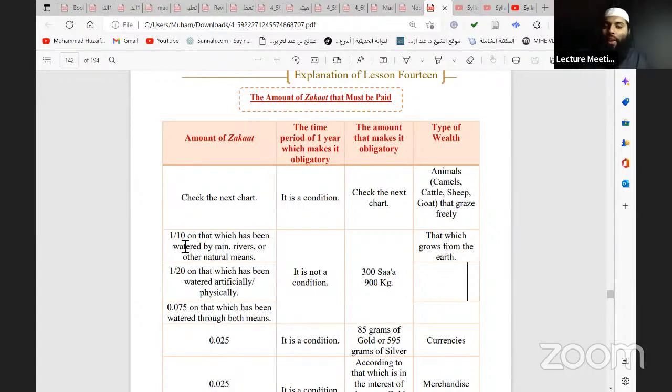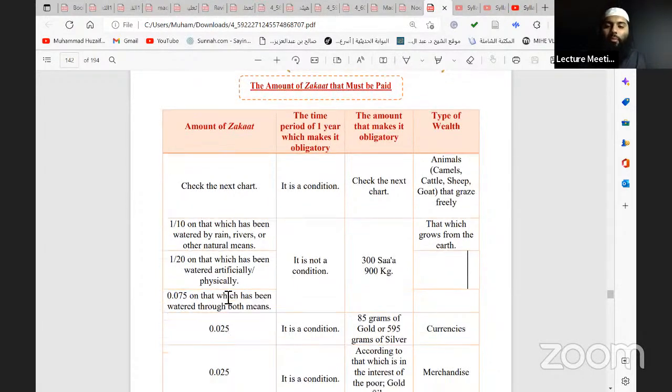But if you had to put that effort in, then 1/20th. Because obviously, you put more effort in, so less is going to be taken from it. If it's both, then 0.05, 0.075. Okay, that's if it is both.